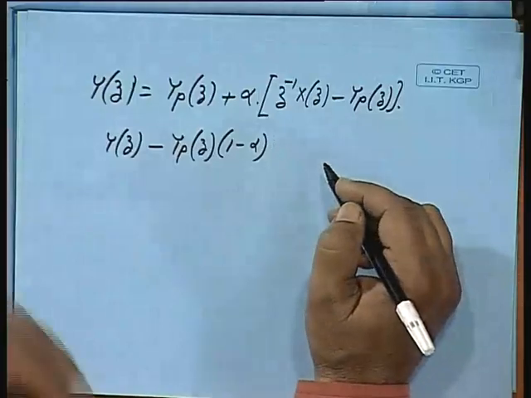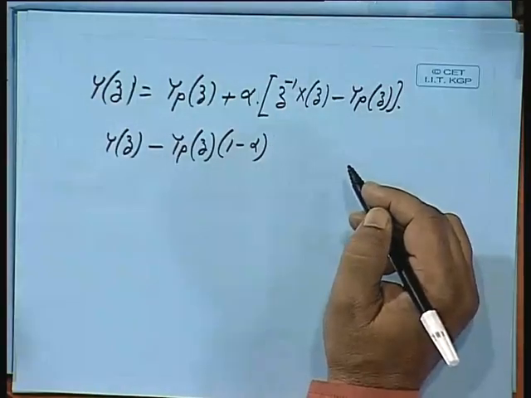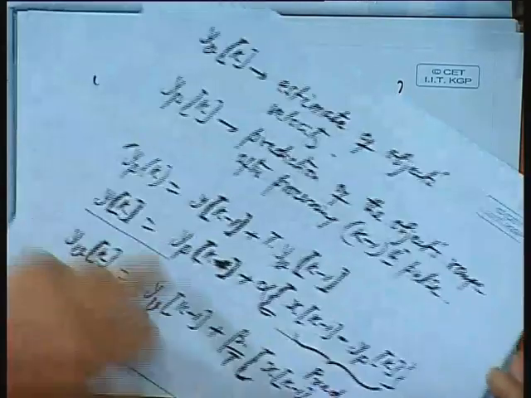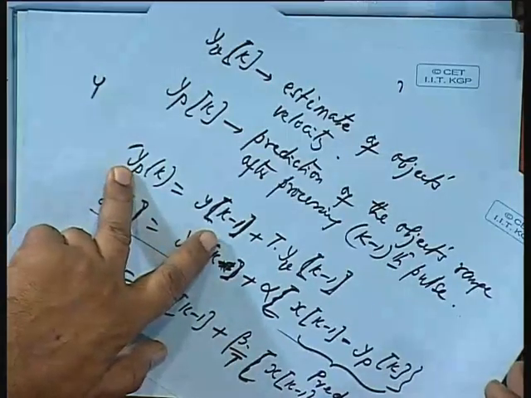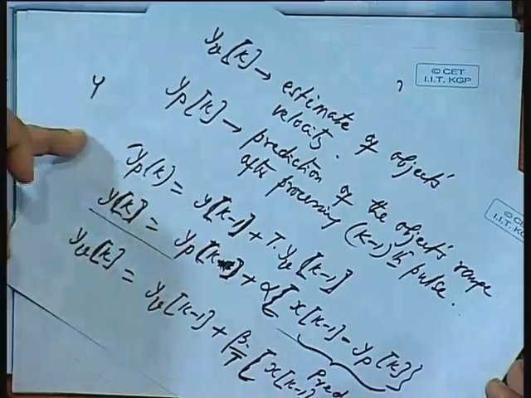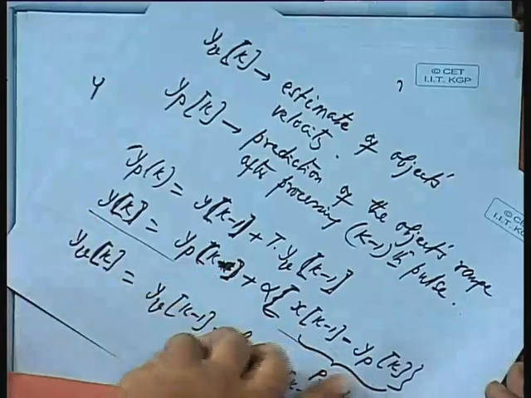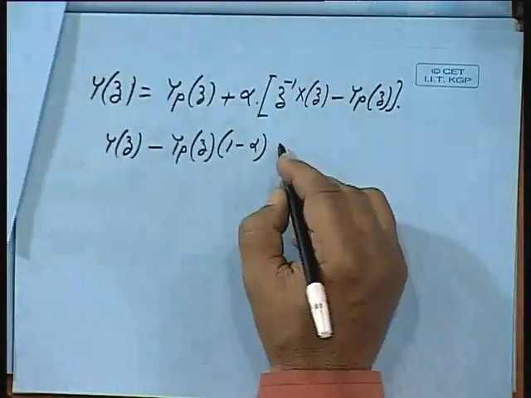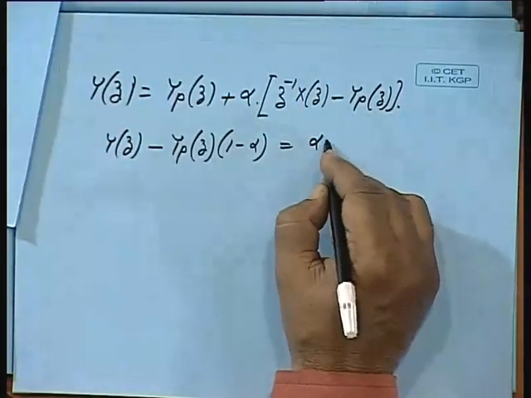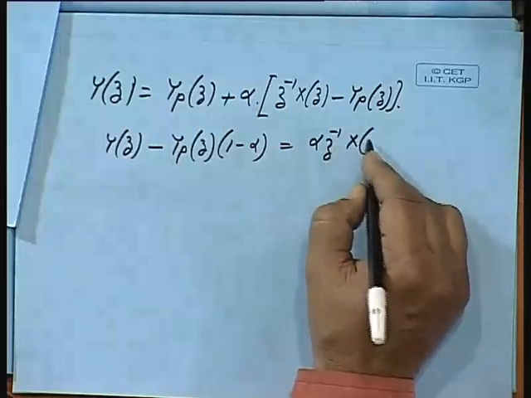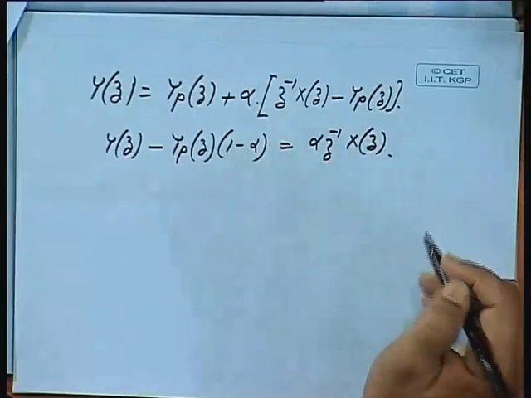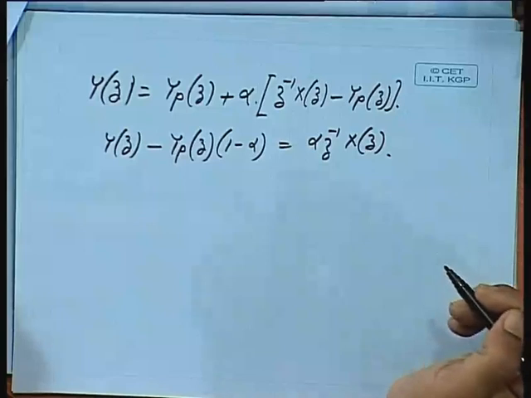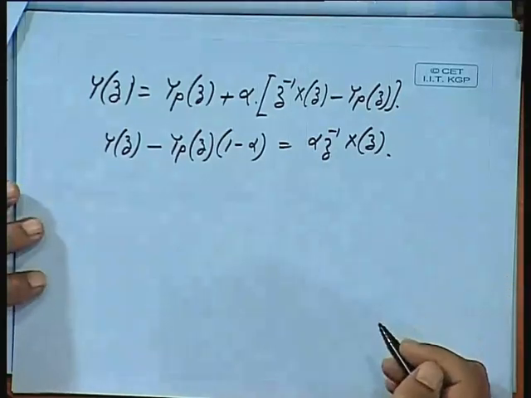Okay. Is this all right? On this side, alpha z inverse x z. Is that so? Is this all right?